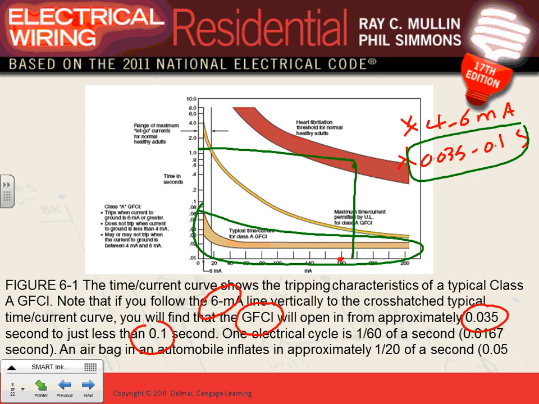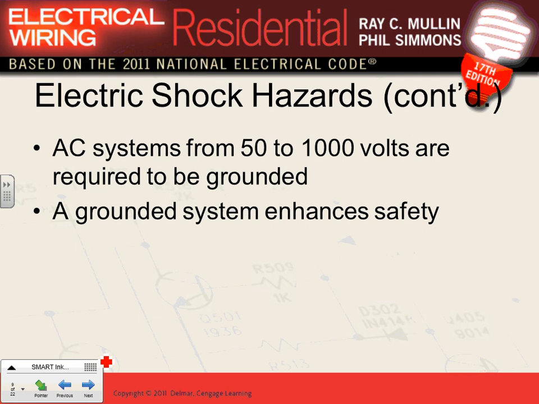If I get 180 milliamps through your heart for a second and a half, we will send you to the second life. Does that make sense? This red is where you do not want the amount of amps to be that high for that long. So they use this chart. The only thing you need to remember is the tripping, how slow it trips and how fast. The code requires all these systems up to here to be grounded.